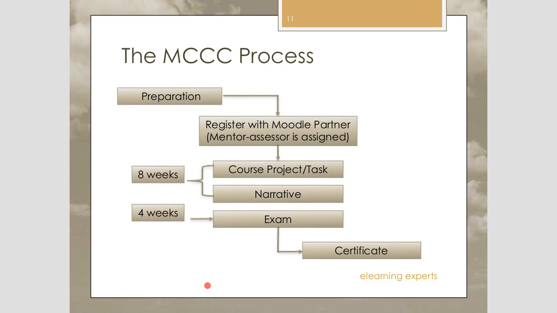And then you'll have 8 weeks to complete the task and the narrative, and then another 4 weeks to complete the final exam. The final exam, you'll be able to take 3 shots at it, so you'll have 3 attempts to pass it, and all of those 3 areas need to have that 80% to earn your certificate.